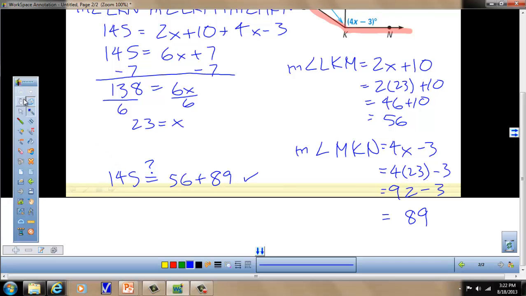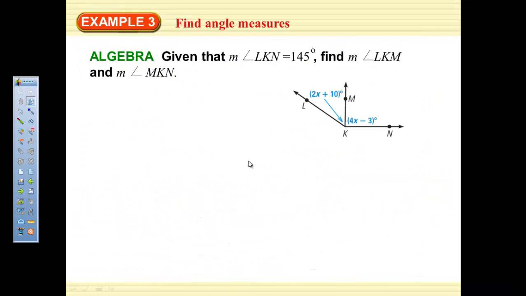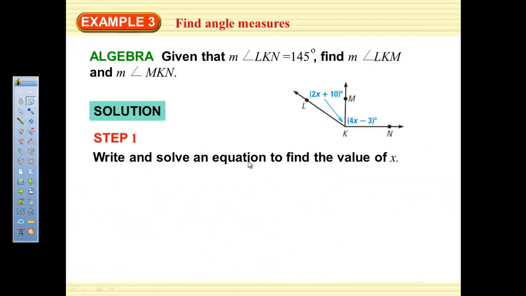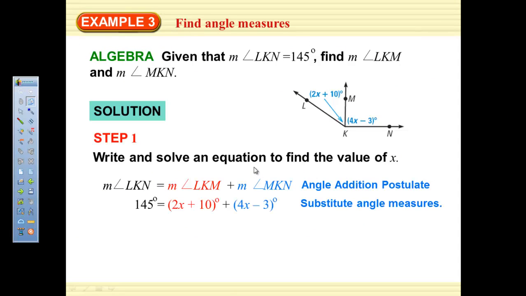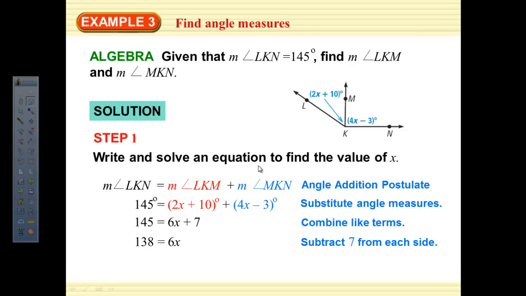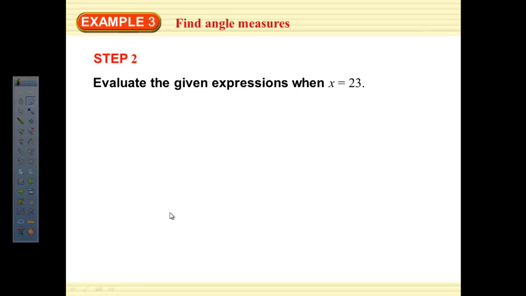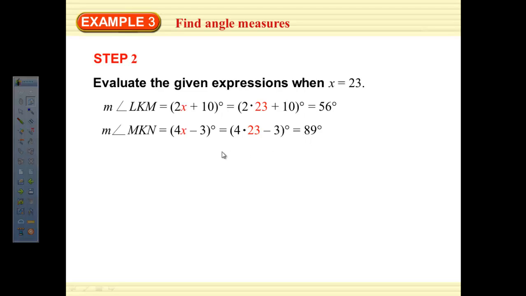So we know we did it right. So again, we're going to find the value of x, just the way we said before, solving. And then we're going to take the 23 and plug it into the two expressions. So for the first expression, we get 56. The second one, we get 89.